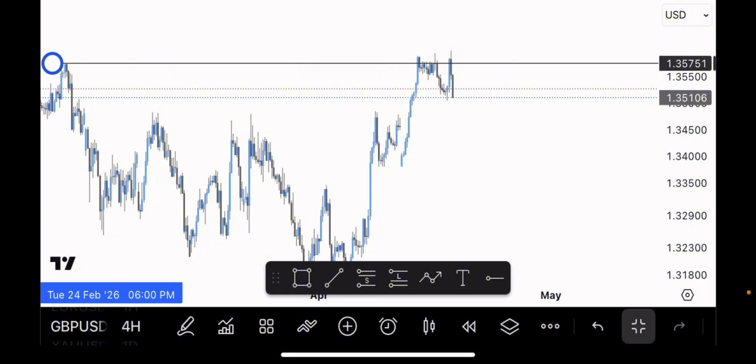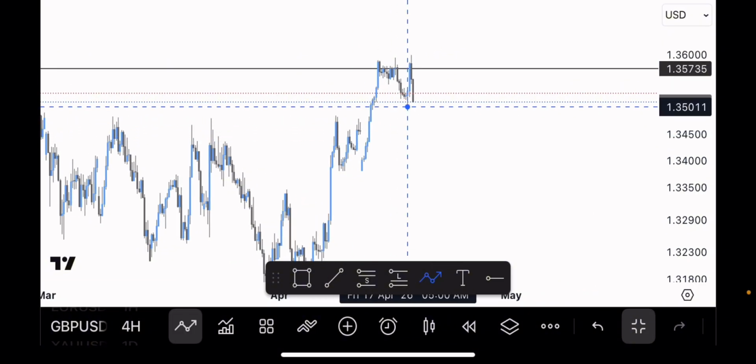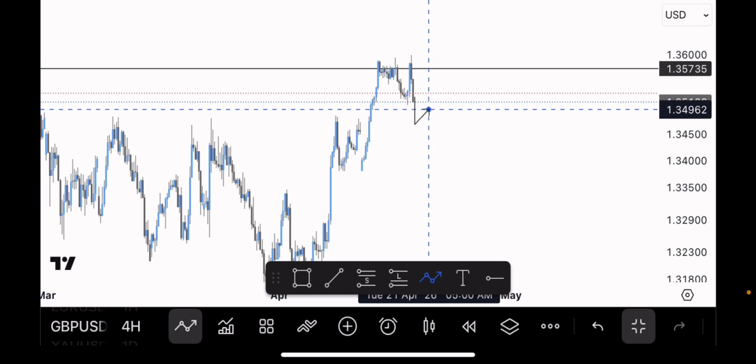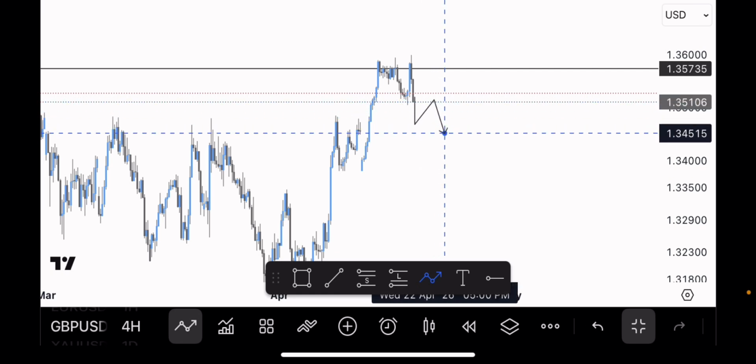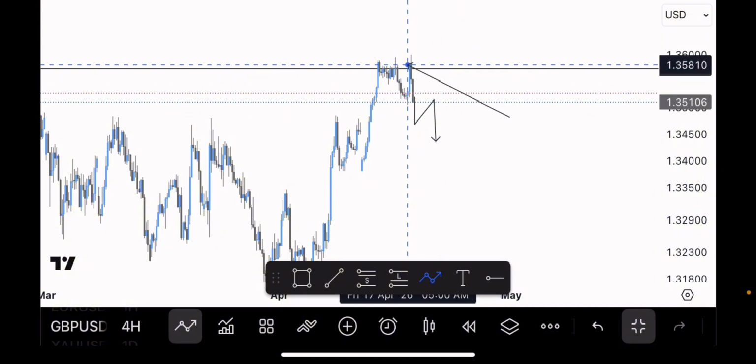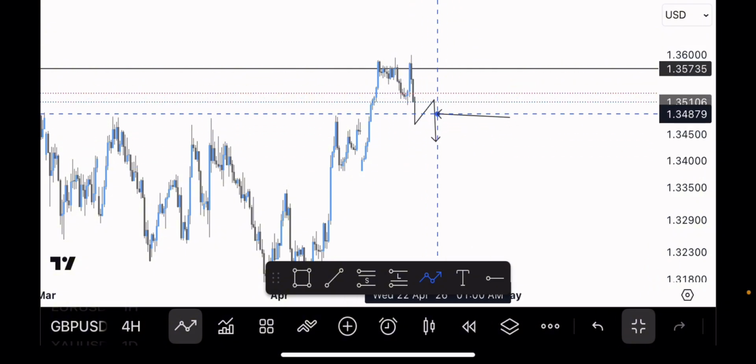Simply, this means lower low, lower high, lower low. Once we see this structure, we expect more sells in the market.